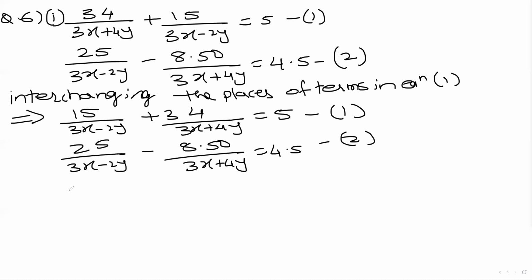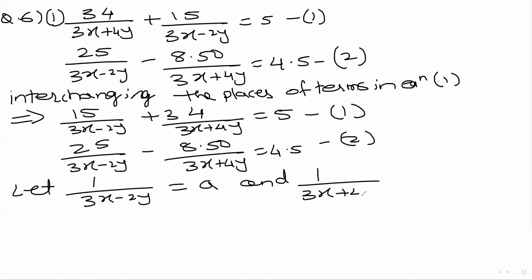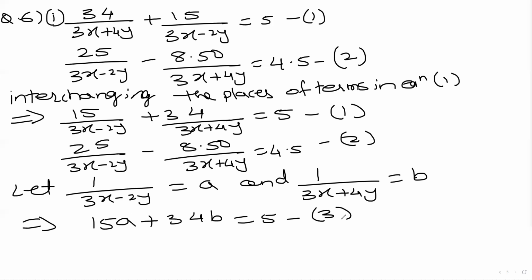If you do substitution, let 1 upon 3x minus 2y equal to a, and 1 upon 3x plus 4y is equal to b. So what equations do we get? 15a plus 34b is equal to 5. This is equation 3, the modified form of equation 1. Similarly, we get 25a minus 8.50b is equal to 4.5.